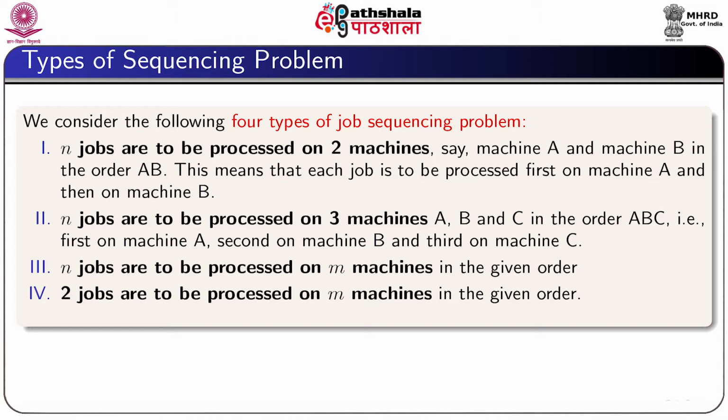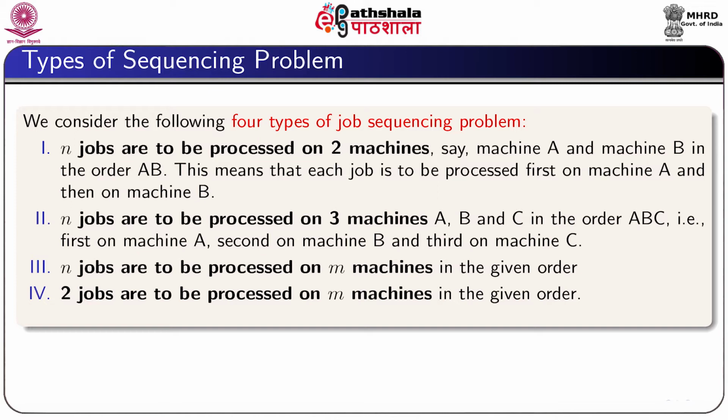This means that the job is to be processed first on machine A and then on machine B. In type 2, n jobs are to be processed on 3 machines A, B and C in the order ABC, that is, first on machine A, second on machine B and third on machine C.